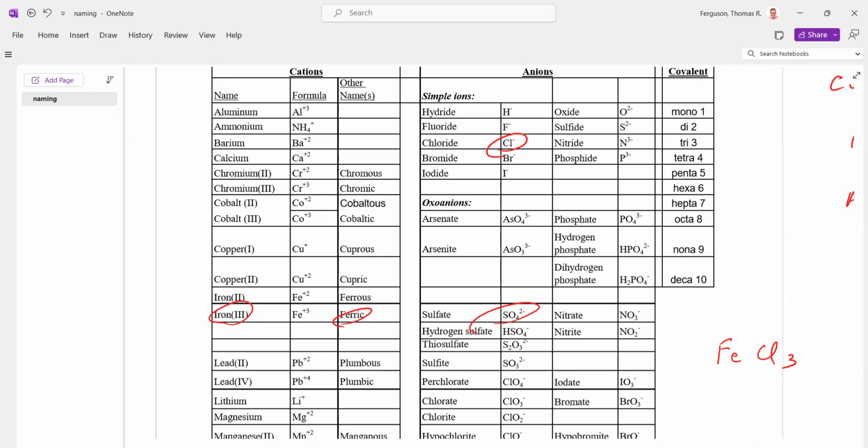Okay, rust. Formula for rust. Ferric oxide, not iron 3 oxide, ferric oxide.